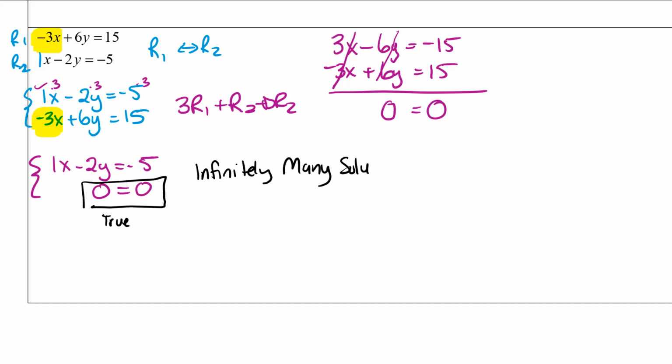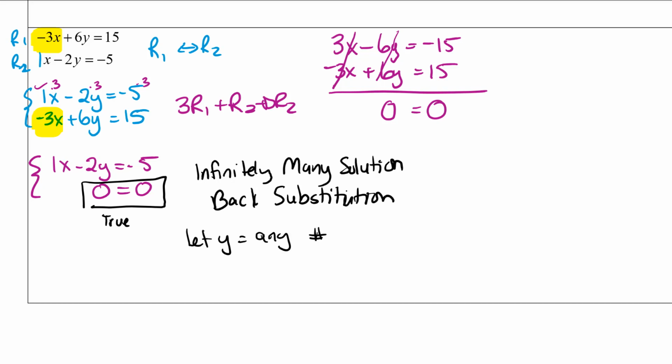How am I going to find what the solutions are? Well, I'm going to use back substitution. Now, when I use back substitution, I'm going to let y equal any number. Okay?